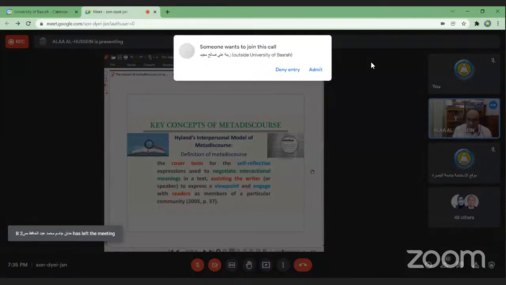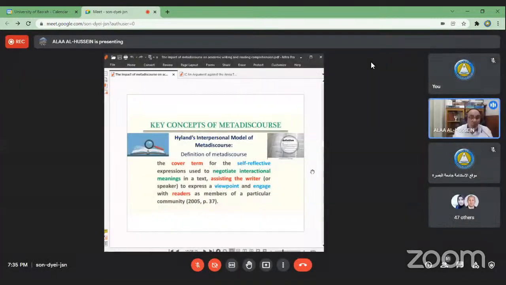Hyland named his model of meta discourse as interpersonal from the very start. He was so clear about his model. And by the way, he criticizes the other models, other classifications before him, and presents his model.